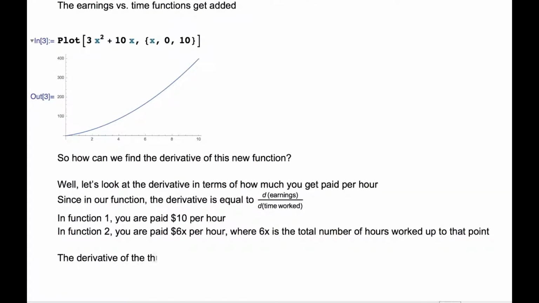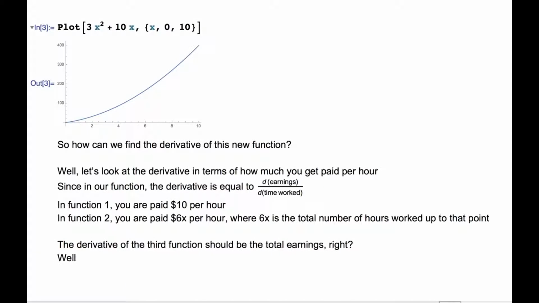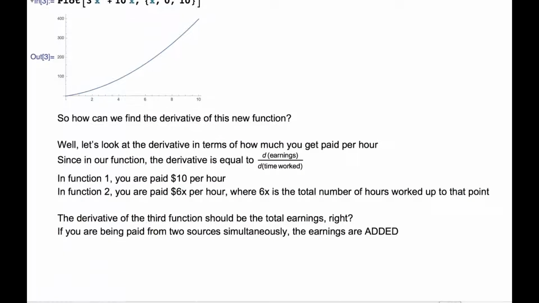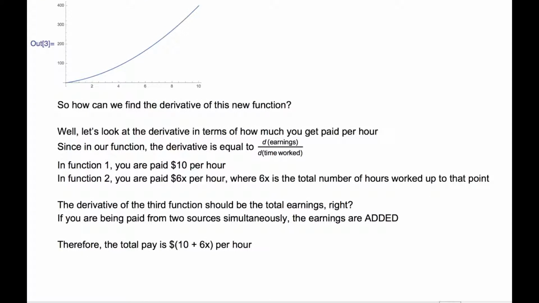Well, the derivative of the third function should represent the total amount you're getting paid per hour. Because if you're being paid from the two sources simultaneously, it makes sense that your hourly earnings would be added together. So we can say that the total pay is going to be 10 plus 6x dollars per hour, and this, of course, is going to be the derivative of the third function.